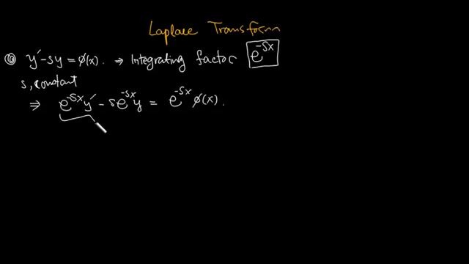Now from here, magic happens. The left-hand side becomes the derivative of e to the negative sx times y. So y is kind of isolated here. The two terms appearing here and there become one term, and from here we can take the antiderivative, one single operator, to solve this relatively complicated differential equation.